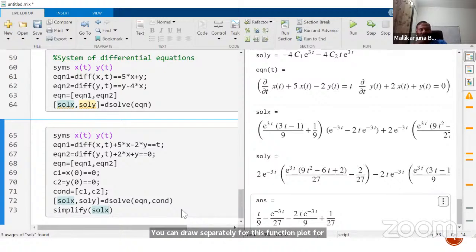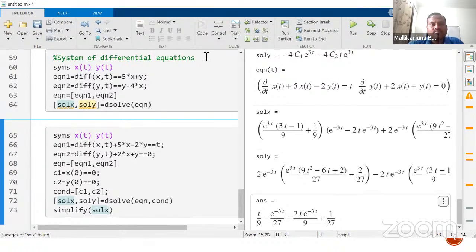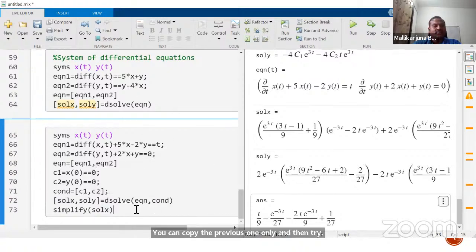You can try this. You can copy the previous one only and then try. Then I think you won't have a problem.